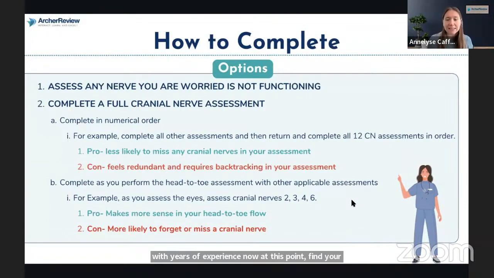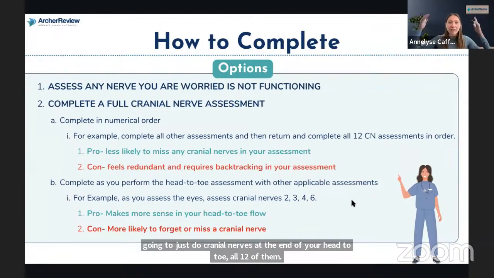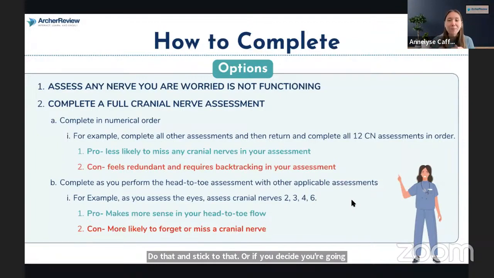I think that's going to be the easiest thing to do. Once you get it down, if you decide you're always going to do cranial nerves at the end of your head to toe, all 12 of them, do that and stick to that. Or if you decide you're going to do them in order from head to toe, start that and stick to it. People mess up the most when they bounce back and forth between the way they do things. They don't always do their head to toe in the same order.